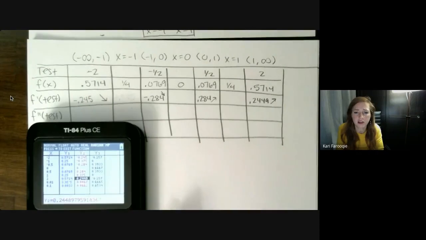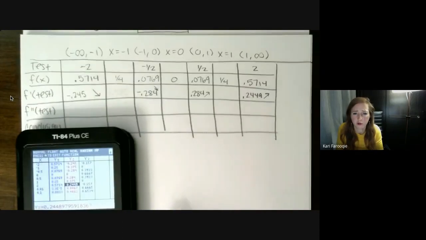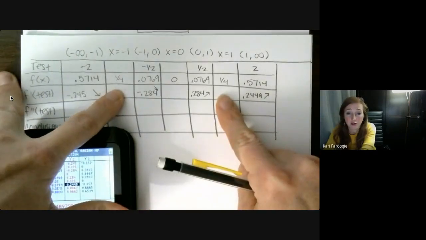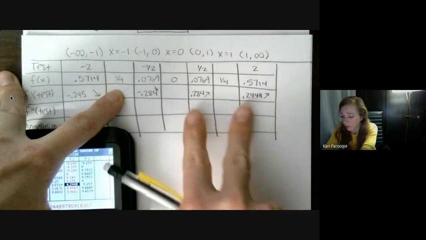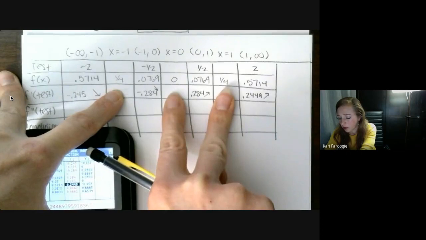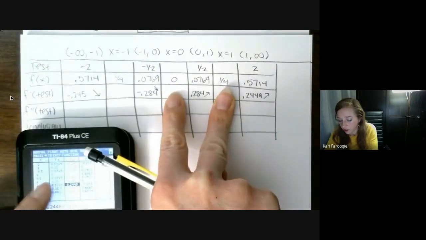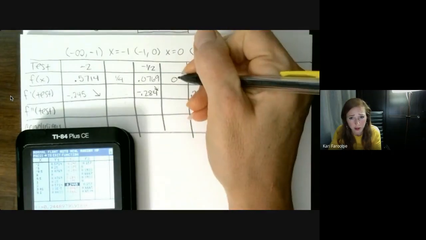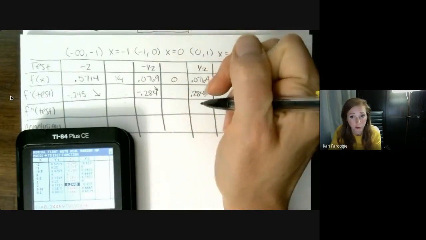The reason I didn't bother including f prime at these values is because they're not going to go on the graph of f. They would go on the graph of f prime. And it doesn't matter to me what's happening here. For instance, I know that f prime of 0 is 0 because that's how I obtained this value to begin with. It was the value at which the first derivative was 0.